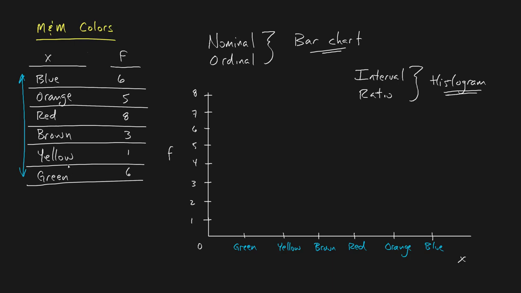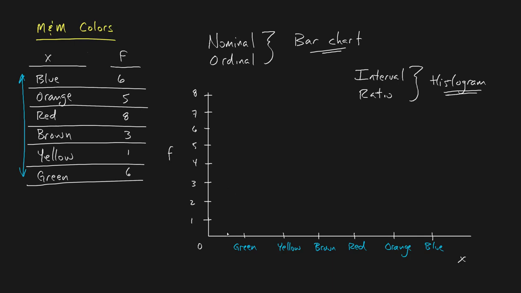But here's where things change a little bit. When I go to make my bar for green, so when I go to take my bar for green up to a frequency of 6, I have to make sure that I don't allow that bar to be drawn all the way over to the next category. I have to keep a space between each one of my bars. Let me show you what that looks like when I've done that.